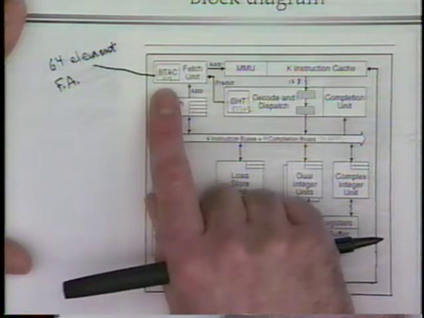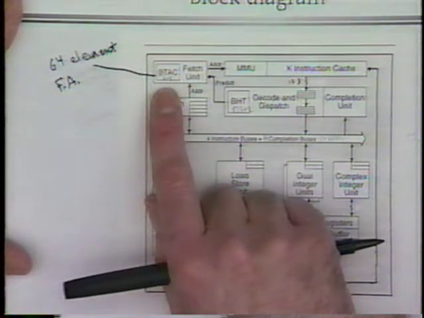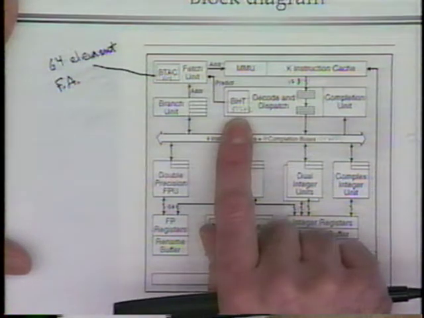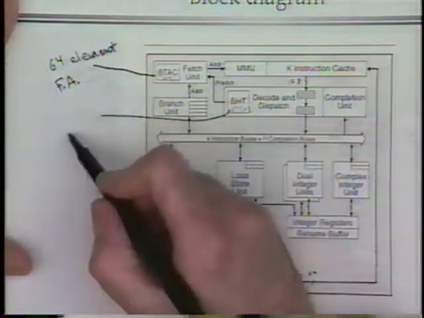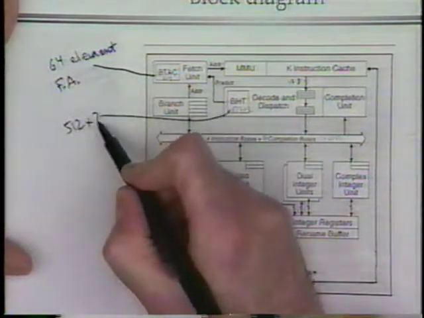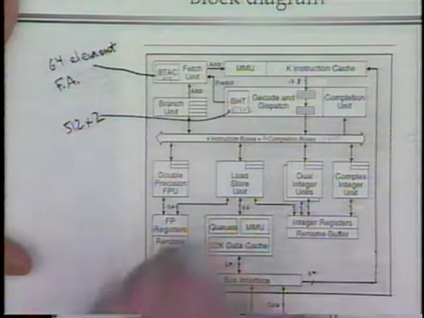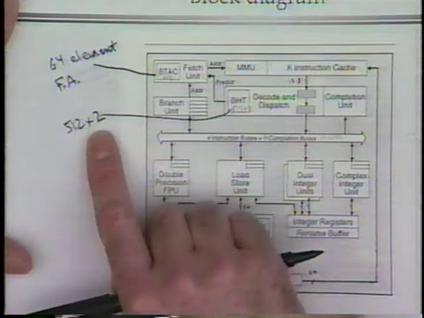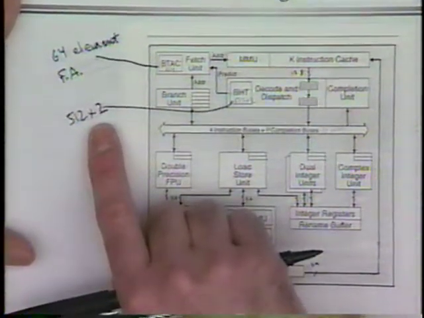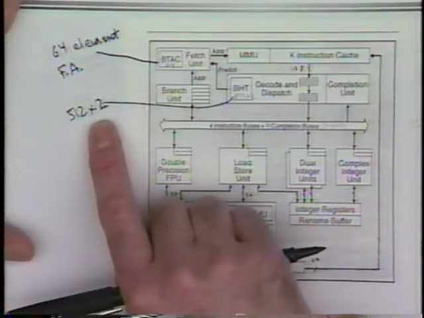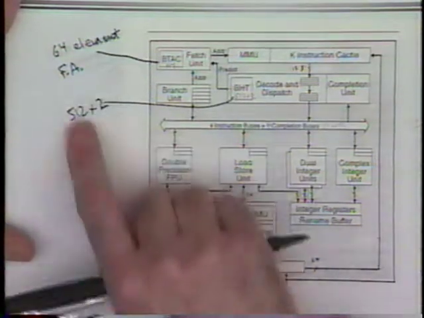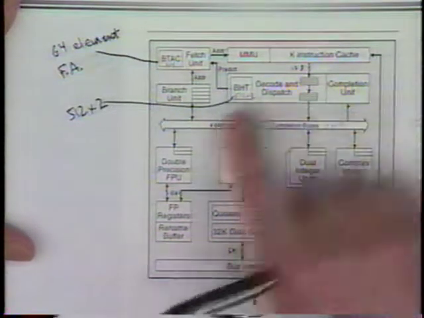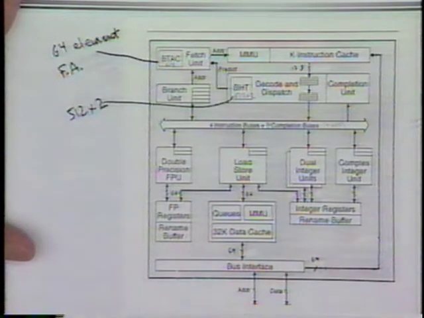In addition to the branch target address cache, they also have a branch history table of the kind we were talking about before. This is a 512 by 2 element branch history table. Remember, 2 bits is the way you can record whether a branch is really going to be taken or might be taken or might not be taken or really won't be taken. So it records that kind of history that tells you how strongly you know whether or not the branch is going to be taken or not.